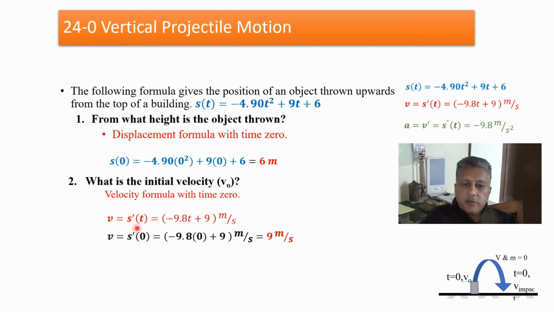And that's the velocity formula. I've substituted 0 for time. T here becomes 0 right there. So this term basically disappears, and we have 9 meters per second. Right? 9 meters per second. So fairly easy once you have these formulas solved already.